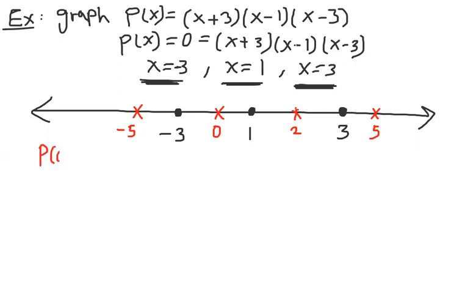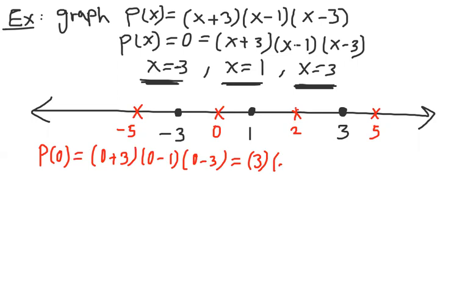P of 0 will give me 0 plus 3, 0 minus 1, 0 minus 3, and the answer is 3 times minus 1 times minus 3. The answer is 9. So it's positive.